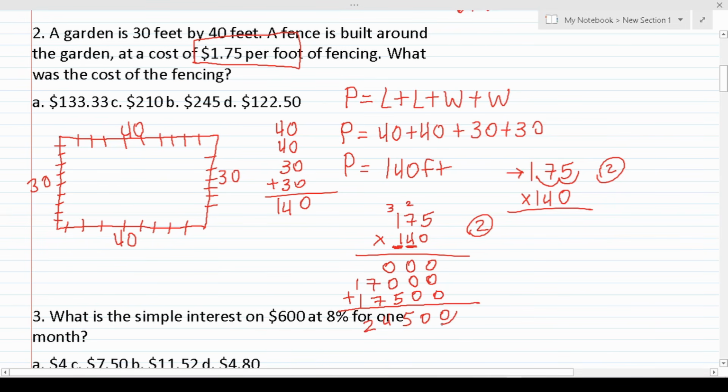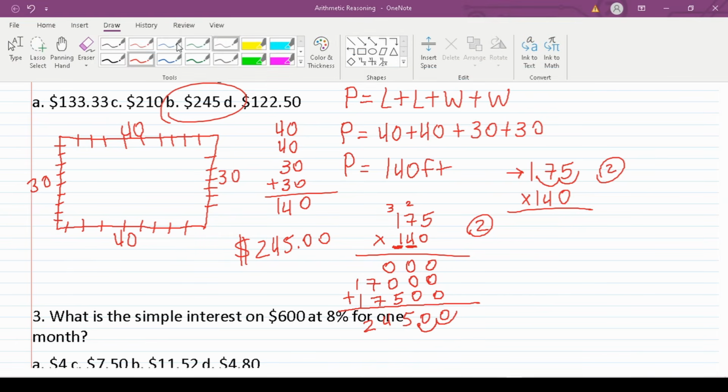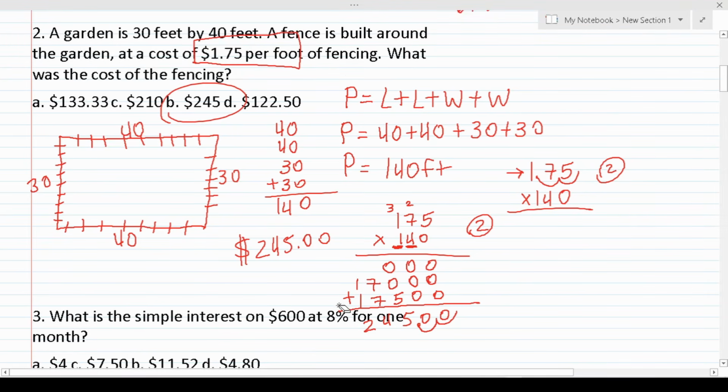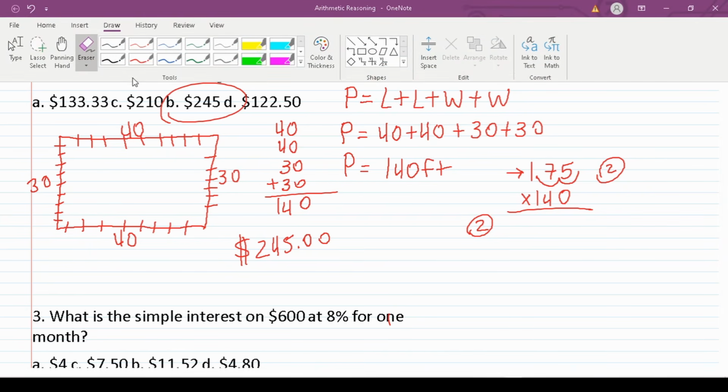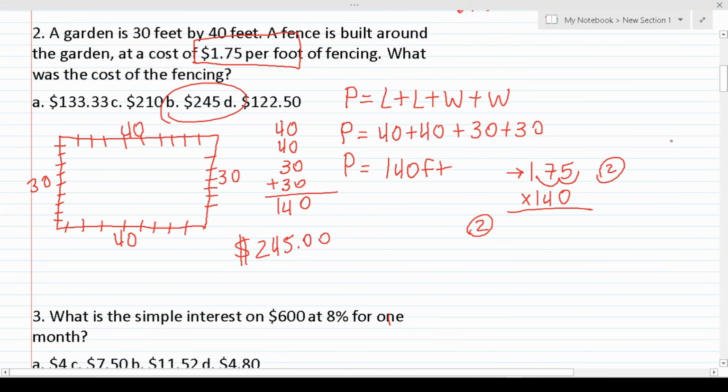Add your 2 decimals back in, and we can see that this answer is $245, which is B. Okay, so let me get rid of this work so I can do this next problem. Again, you have to build confidence in your ability to do the arithmetic, which is the purpose of this practice test.